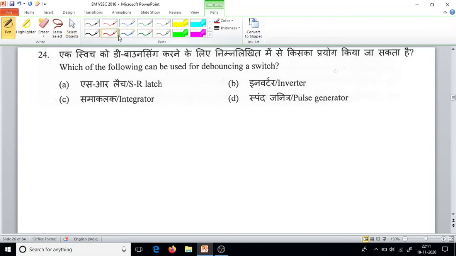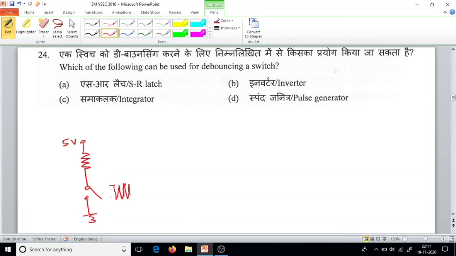Question number 24. Which of the following can be used for debouncing a switch? What is meant by debouncing a switch? It's connected to ground. Assume that this is 5 volt. When the switch closes, it won't go suddenly to low.